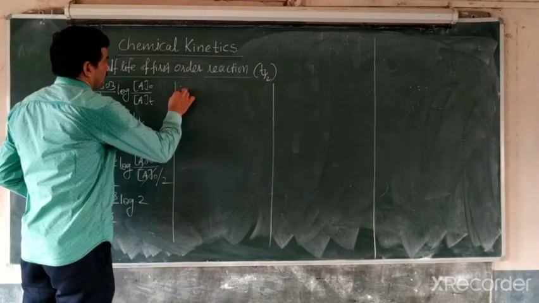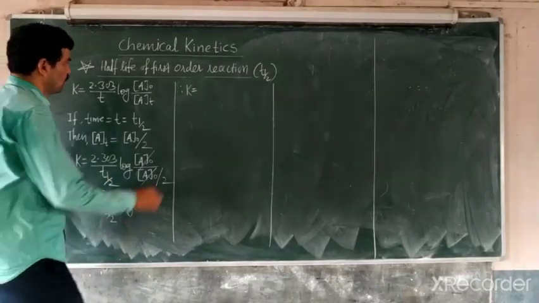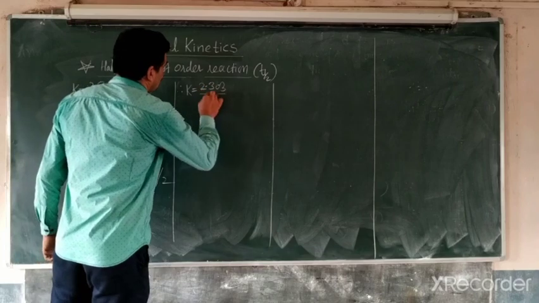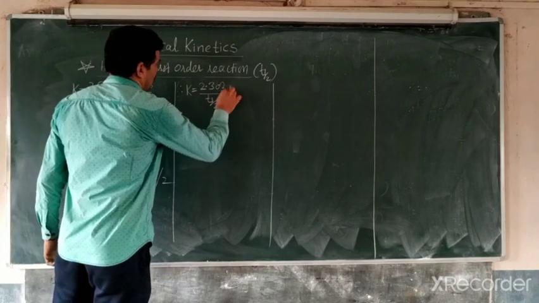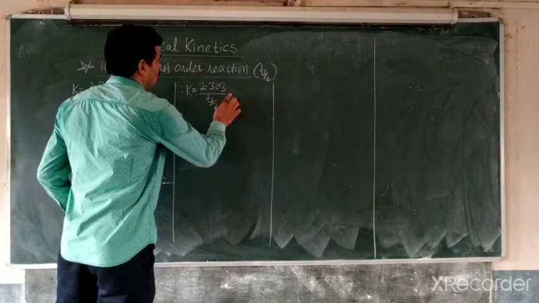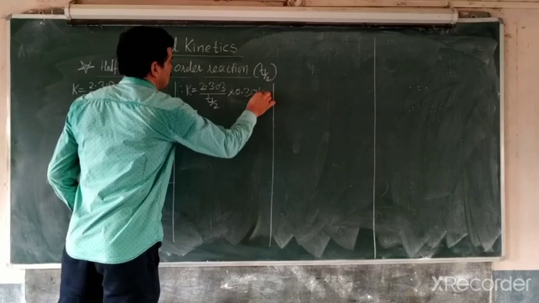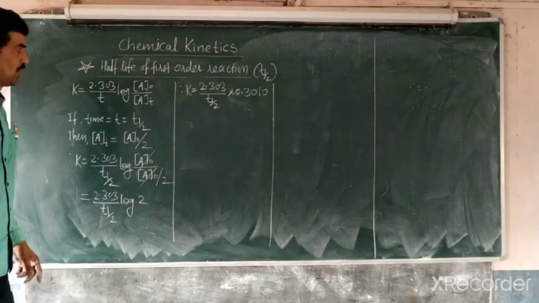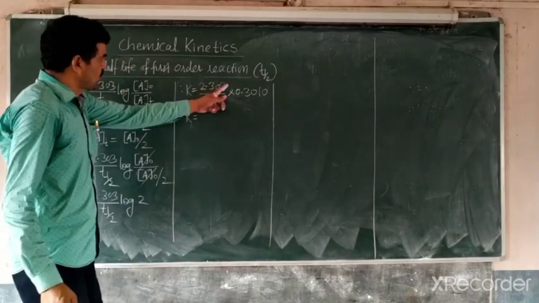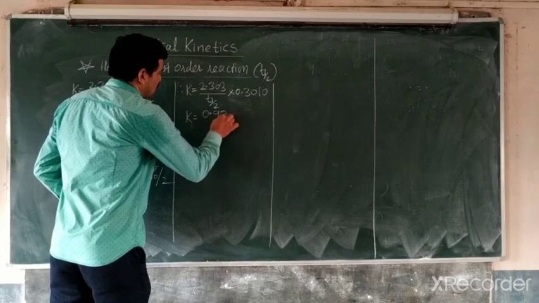Therefore, rate constant K equal to 2.303 by T half log of 2, and log of 2 equals 0.3010. 2.303 into 0.3010 equal to 0.693.